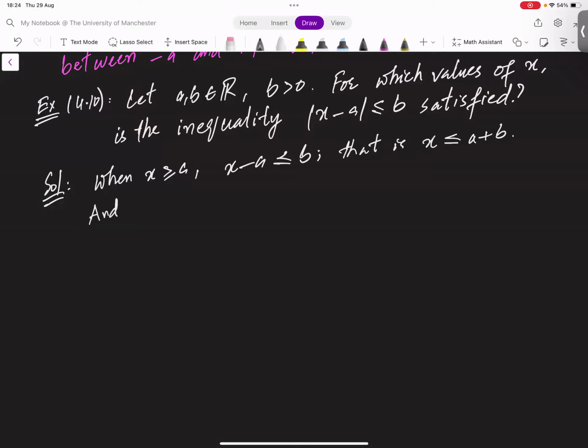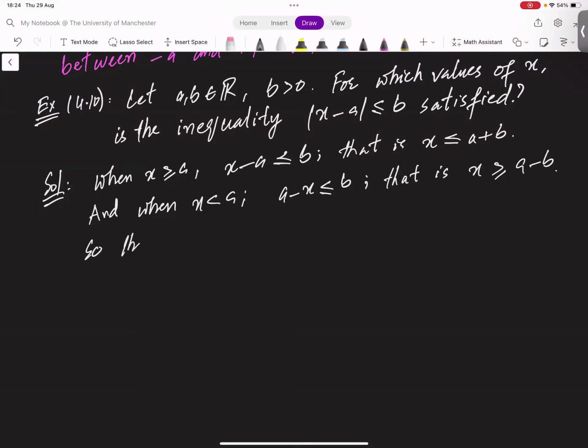And when x is less than a, we get a minus x is less than or equal to b, that is, x is greater than or equal to a minus b.